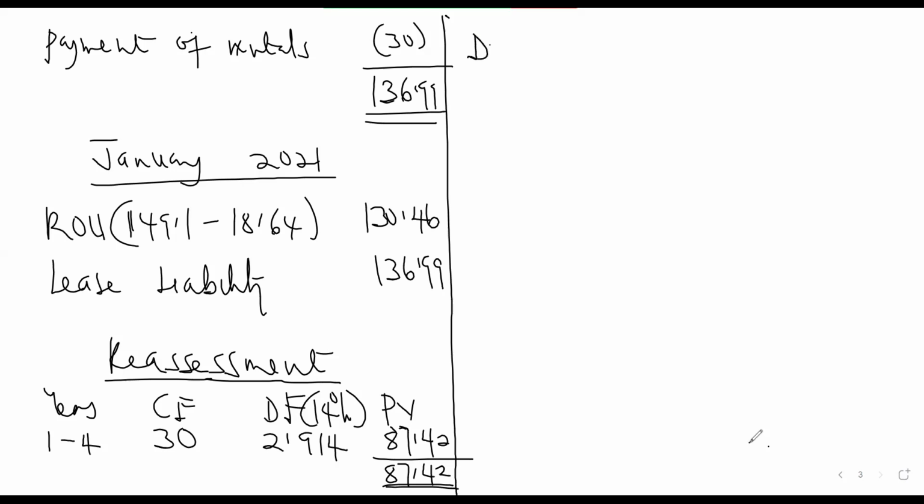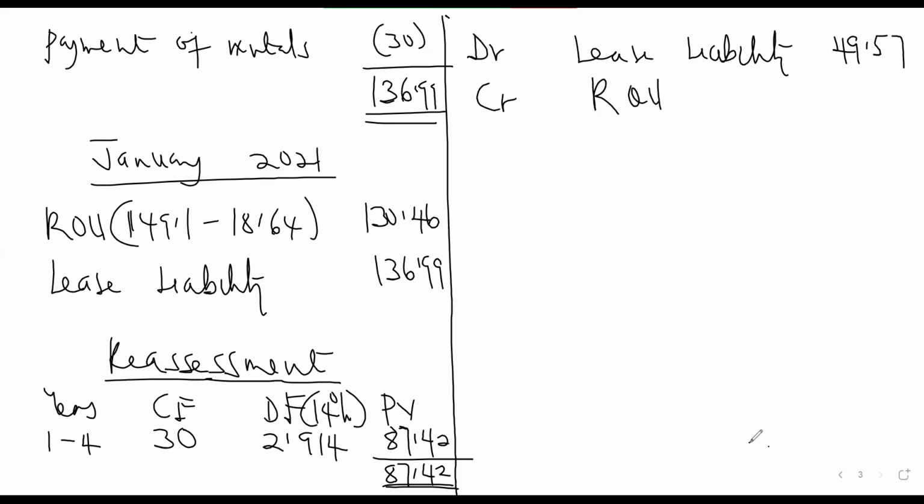So what is going to happen? We debit the lease liability. How much will be the reduction? $49.57. The same 49.57 will be taken away from the right of use.